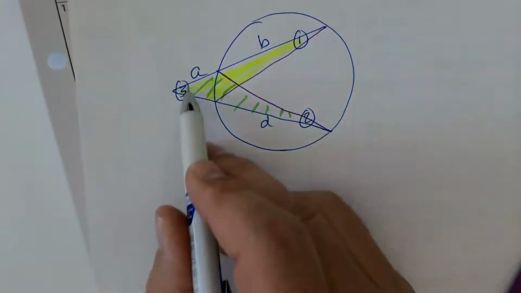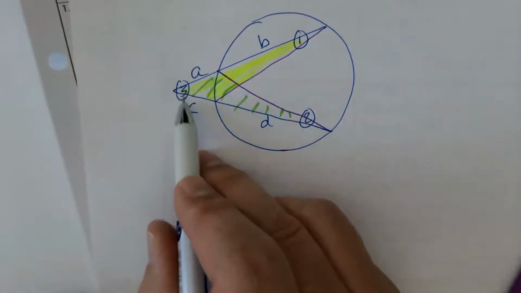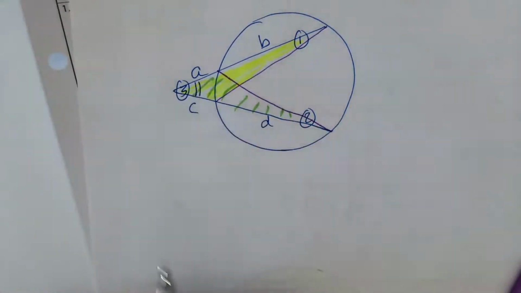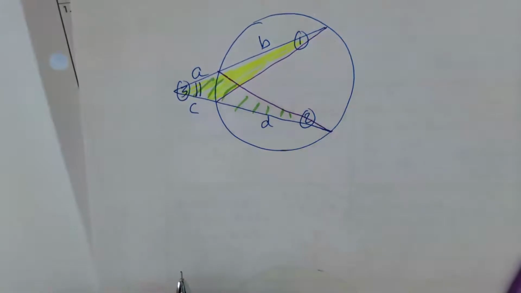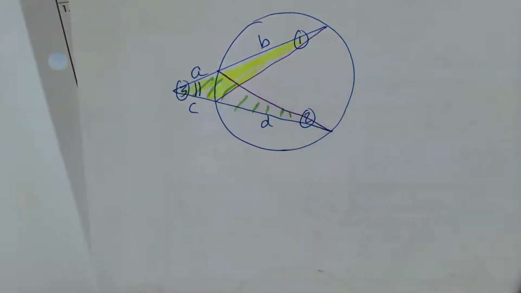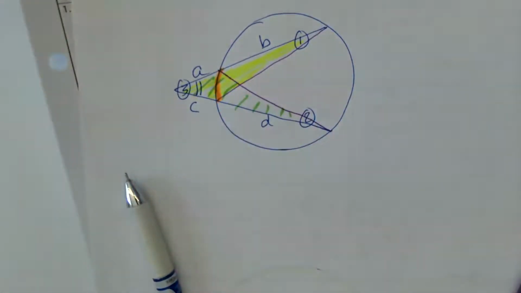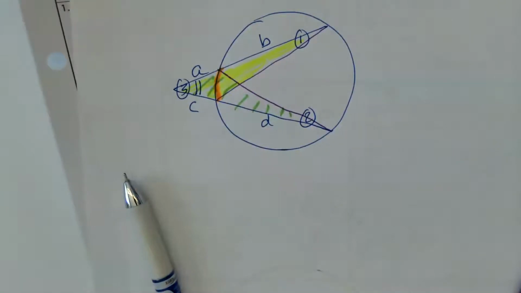Oh, I see. You're saying angle 3. Yeah, I wasn't putting letters in there. So angle 3 is shared by both of them. It's reflexive. So that's going to be congruent, right? What about angle 1 and 2? Good.